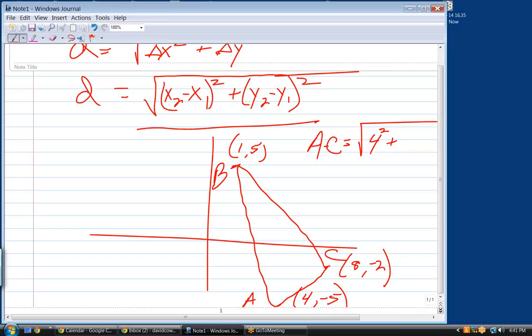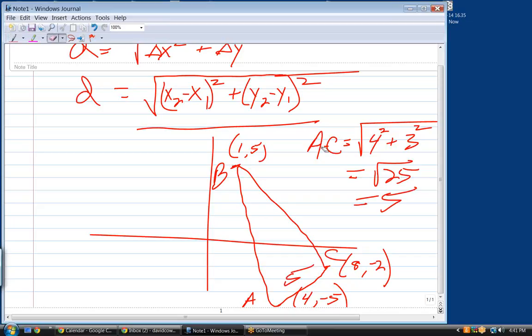So if I got a point minus 5 on the number line and another point minus 2, what's the distance between those? Well, the distance is 3. What's the distance between y sub 2 and y sub 1? 3. Okay, so I can put a 3 squared in there. Okay, so now it's the square root of 25. So that distance is 5.